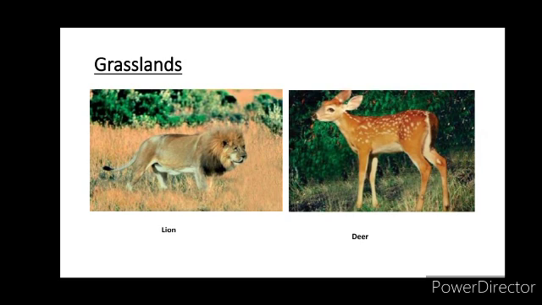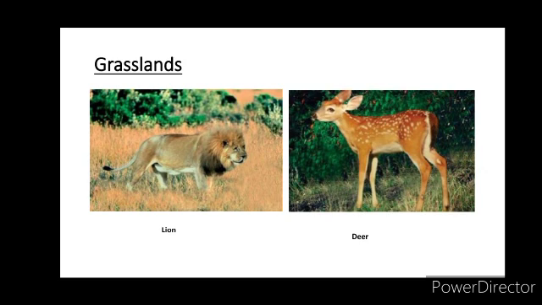Its light brown color helps it to hide in dry grasslands when it hunts for prey, right? The eyes in front of the face allow it to have a correct idea about the location of its prey.